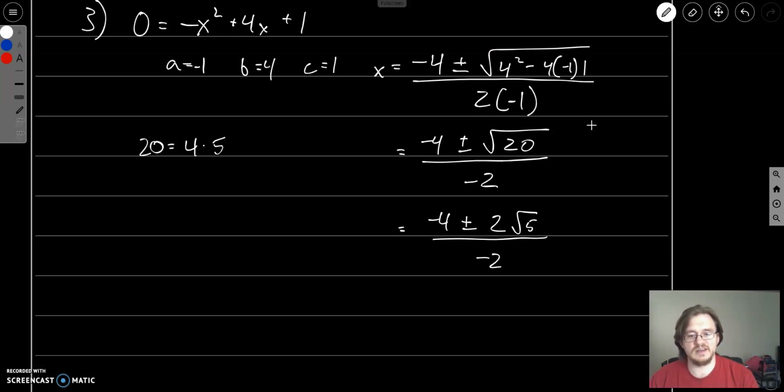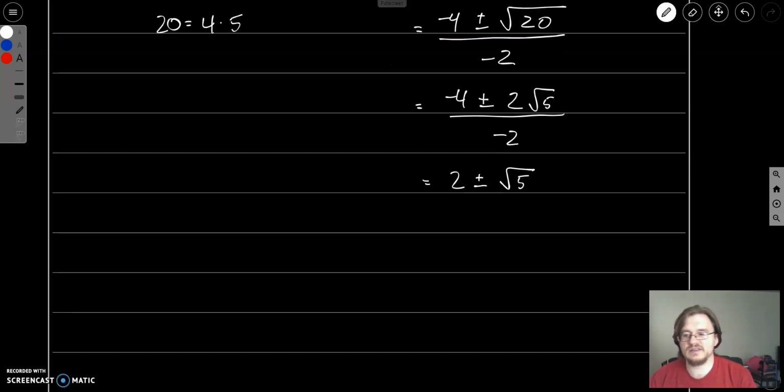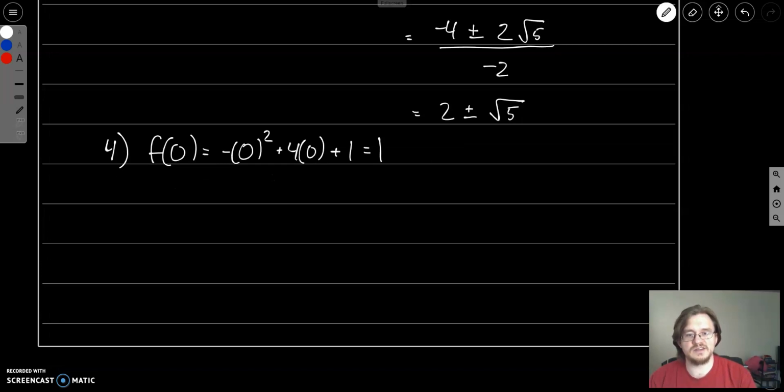All this divided by negative 2. So if I distribute the negative 2, I will have 2 plus or minus the square root of 5. So these are the x-intercepts. The y-intercept is just what we get when we plug 0 into the function. So negative 0 squared plus 4 times 0 plus 1 is 1. So we now have all the ingredients necessary to graph this.